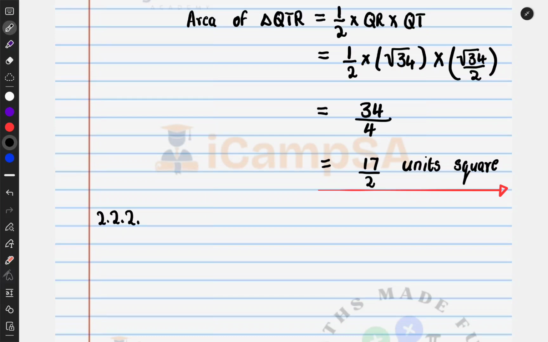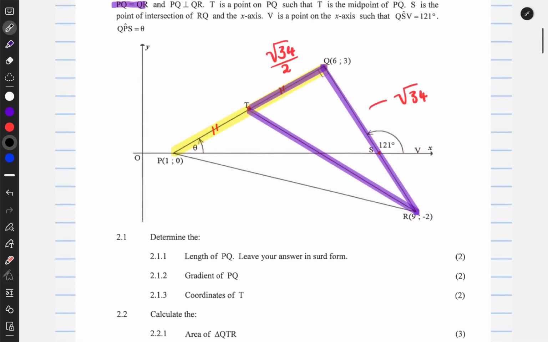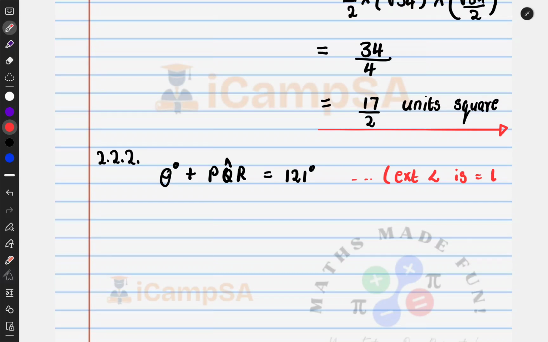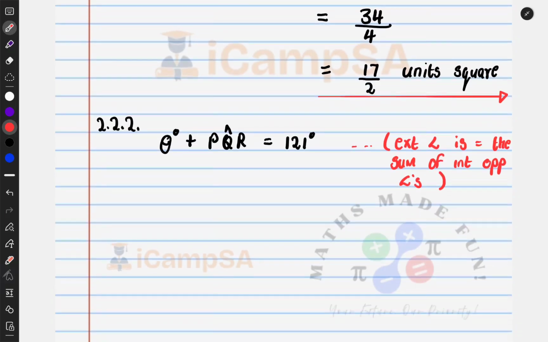Angle theta plus 90 degrees, or we can say it's angle, let's look at the triangle PQR, plus angle P, let's put a cap on the Q, is equal to 121 degrees, and I'm saying the reason is the exterior angle is equal to the sum of interior opposite angles. That's the reason. And we know that angle PQR is equal to 90 degrees.